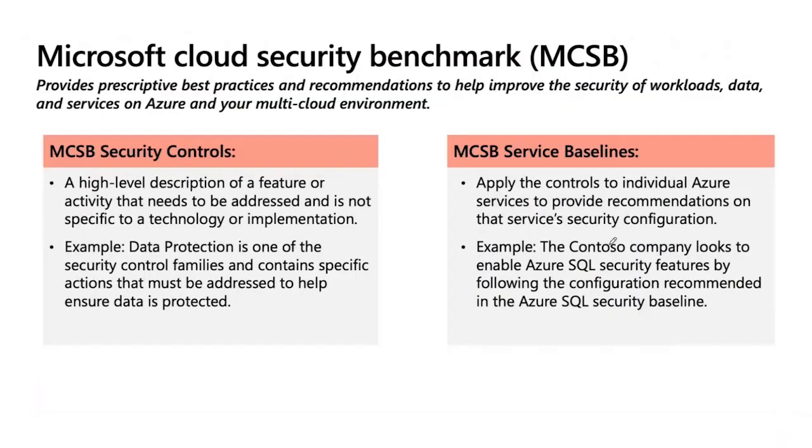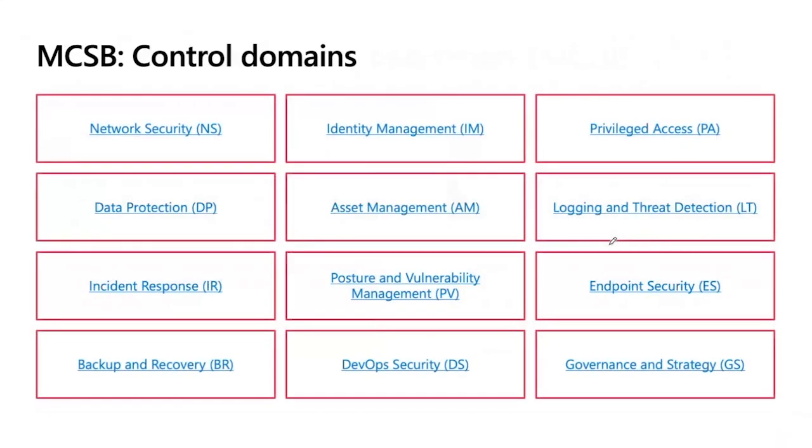In this MCSB, we have these different control domain options, where we have network security, identity management, privileged access, and many others. What you see here in this list, we get recommendations for all these.